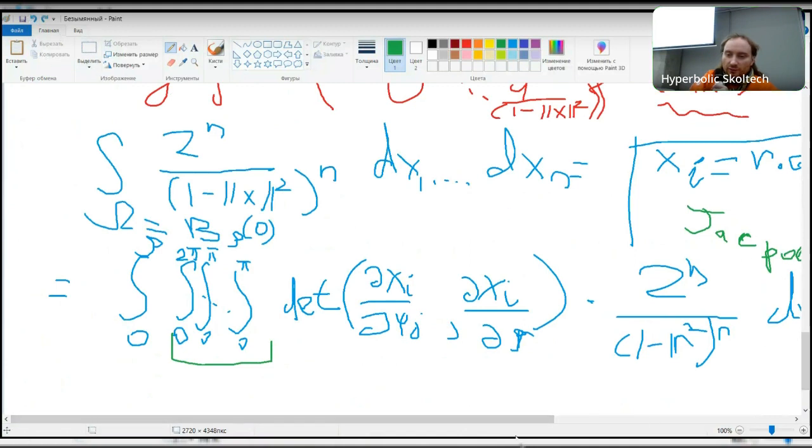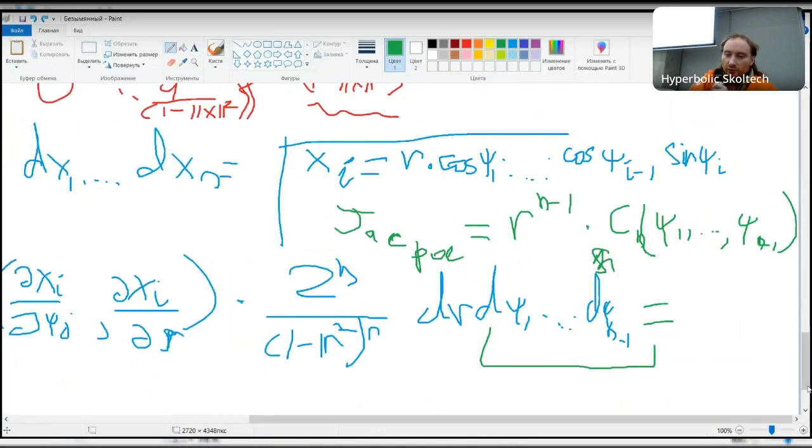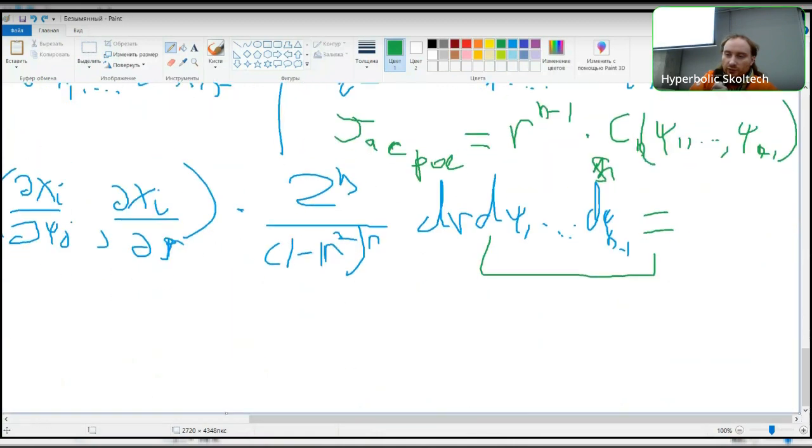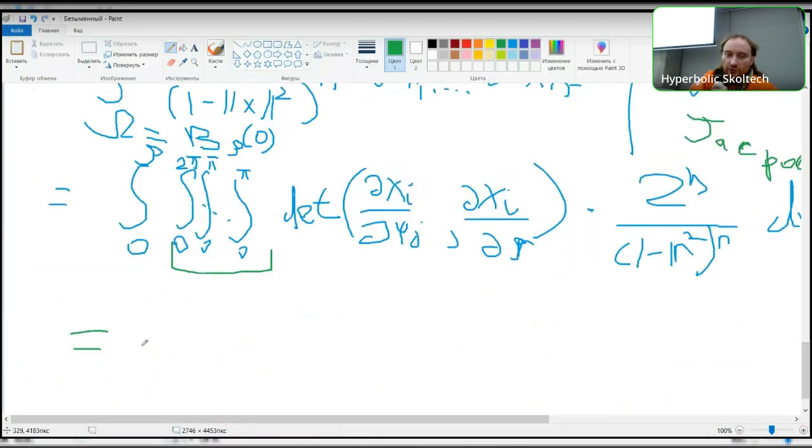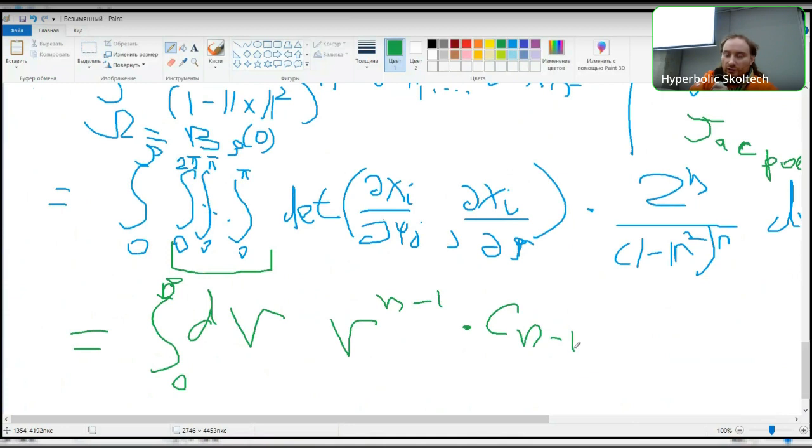Okay, let me show it to you, that this will be a function, integral over r of r to the power n minus 1, some function. Okay, let me actually copy it from Wikipedia.